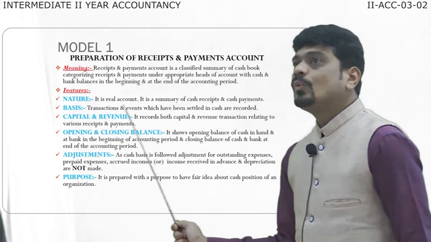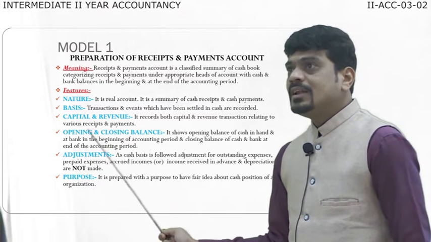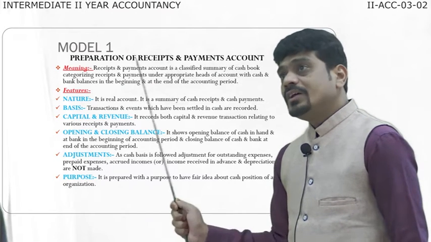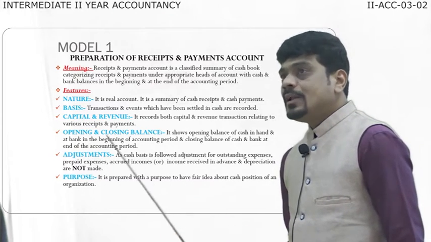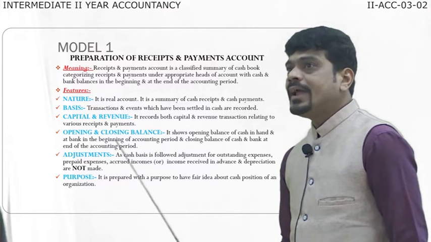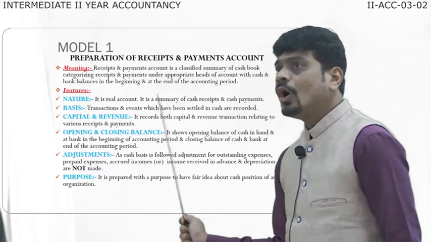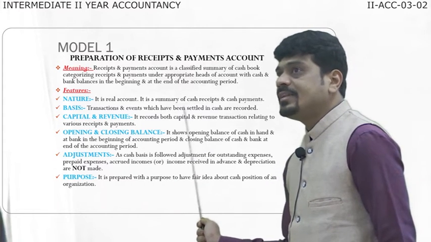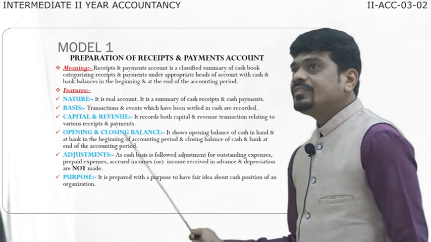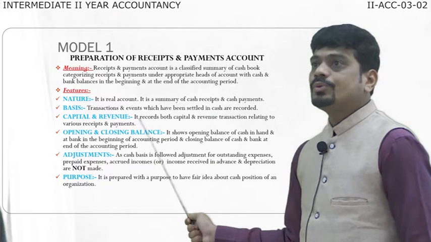And while preparing the receipts and payments account, both capital and revenue items, in the sense capital receipt, revenue receipt, capital expenditure, revenue expenditure, are all recorded. Once again, all the cash receipts are recorded on the debit side, all the cash payments on the credit side. Here we record all the transactions irrespective of their nature.